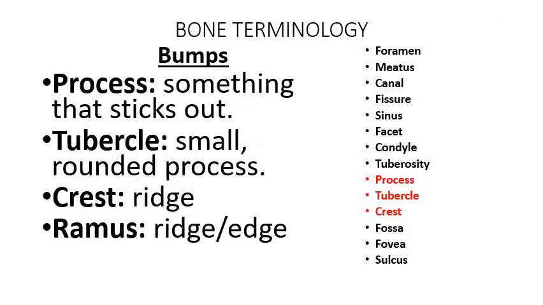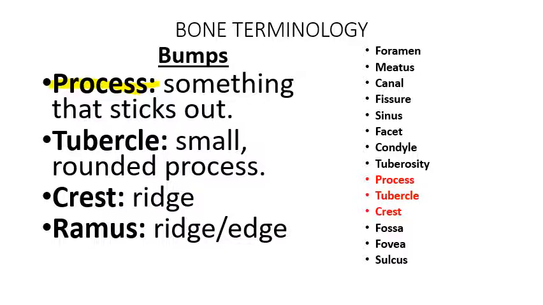Okay, now bumps. A process is usually a pointy piece that sticks out from a bone, and it's usually somewhat sharp, right? So you know that you have these sharp little pointy things on the back of your spine facing the posterior side of your body, and those are the spinal processes. So a bone process is a little pointy part that sticks out of the bone.